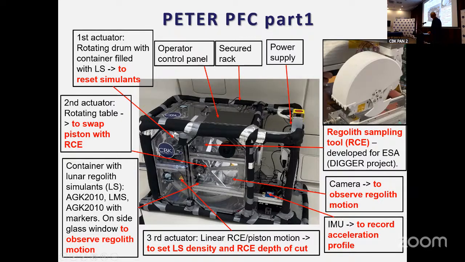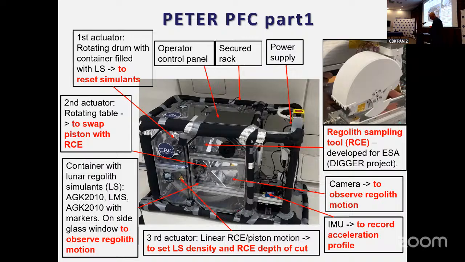So we have the drum to rotate the device. We have the second actuator to swap the piston with the RCE. What does it mean? We need to close the bin each time the RCE is not digging.